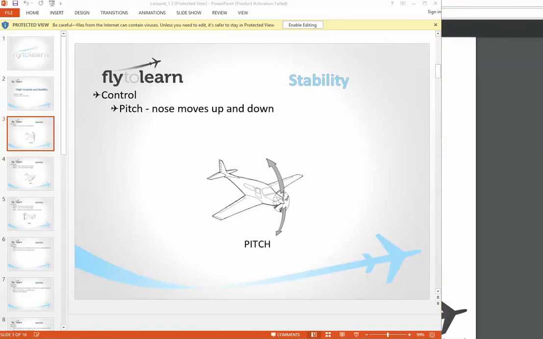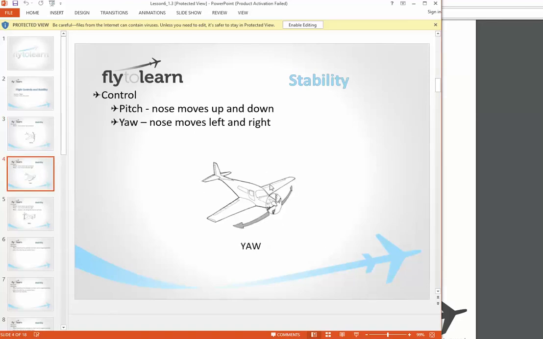I see a good answer here. Down. If your nose moves up, your tail's going to move down. And I'll go over that more in a little bit. There's something very specific about pitch that is different from roll and yaw. And it's a little bit weird, but we'll find that out in a second.